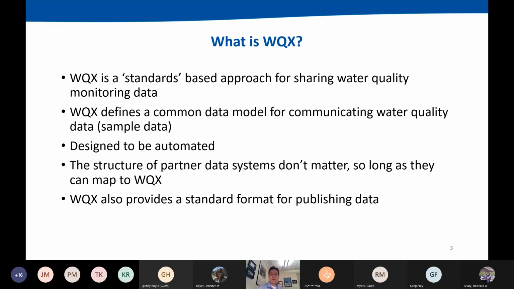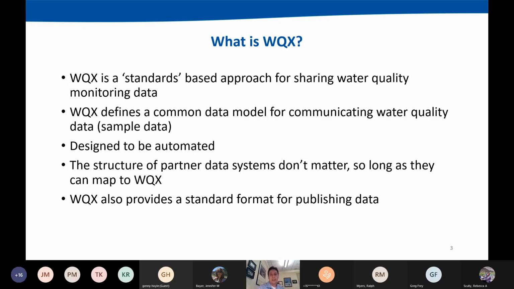We don't really care how you store your data or how you manage your data or what method you use to store your data. You don't have to follow our same data model. You don't have to do things exactly the same way that we do. All that you really have to do is to be able to map your data to WQX, and we have different methods for doing that.